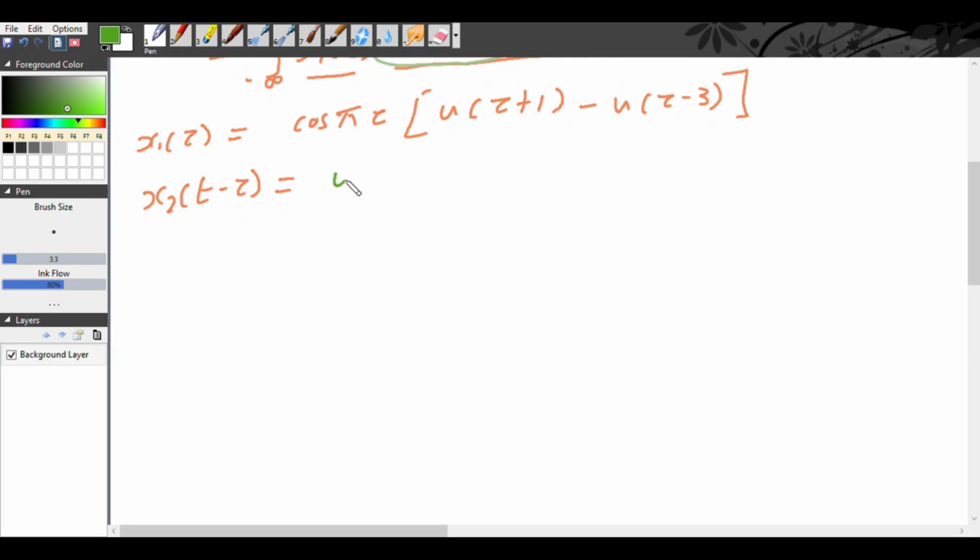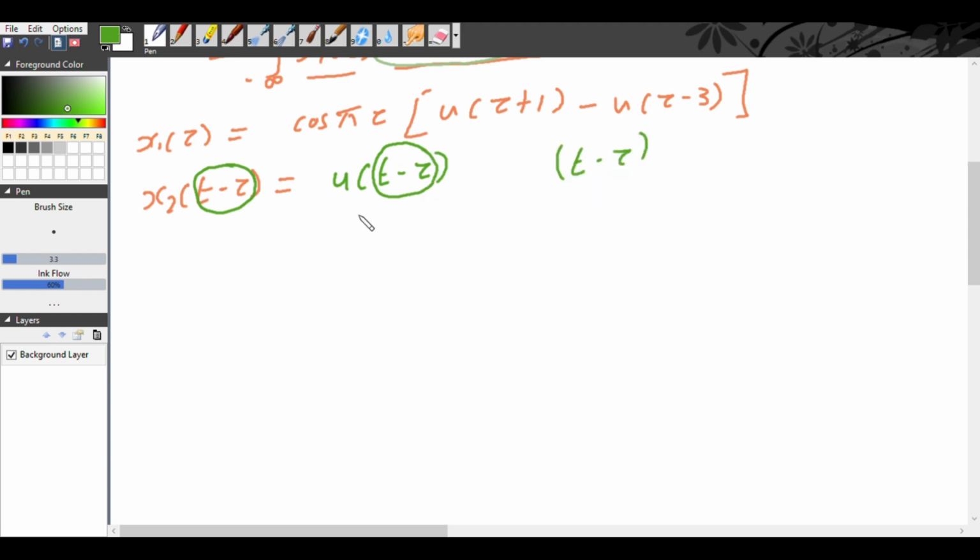How to write that? That will be written as u of t minus tau, because instead of t I have replaced it with tau here. In the second case, t will be replaced by t minus tau.